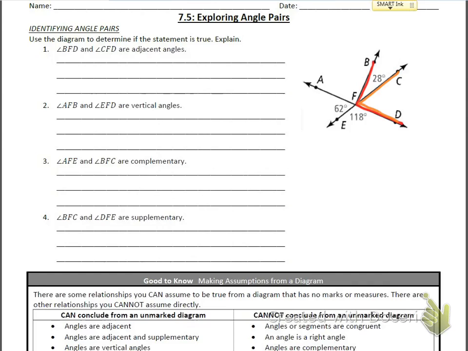I thought adjacent meant they were by each other. Adjacent does mean they're next to each other, but they also cannot share any interior points. Angle CFD is inside of BFD, so they are not. So I would say false. They are not adjacent angles because they share interior points. That's the reason. Okay.